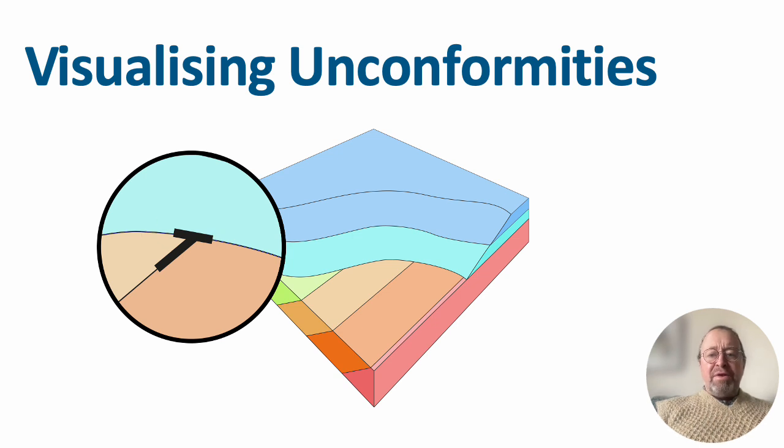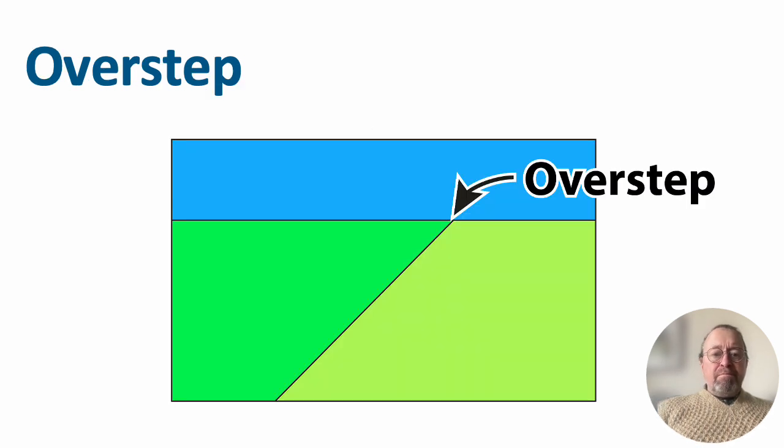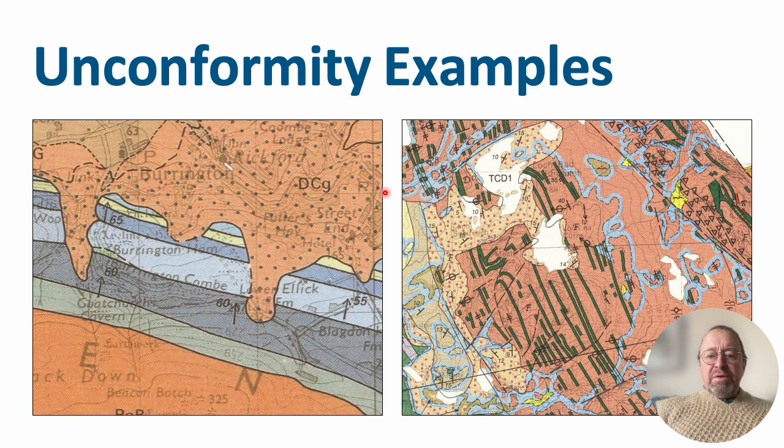And the more angular it is, the more like a letter T it looks. If it's, of course, a disconformity, you don't get that geometrical arrangement. Sometimes this is called overstepping, but we don't need to worry about that too much. So let's look at some actual geological maps.